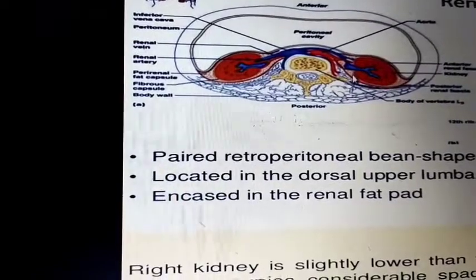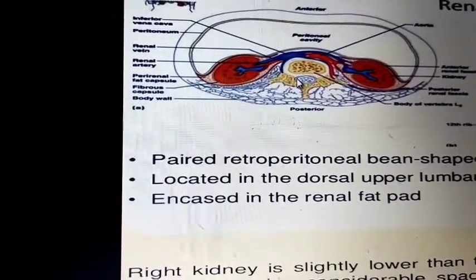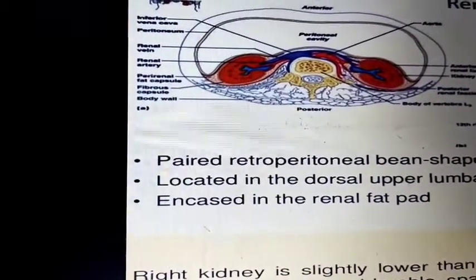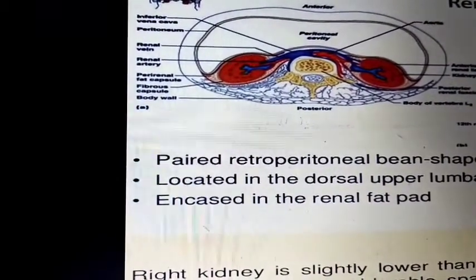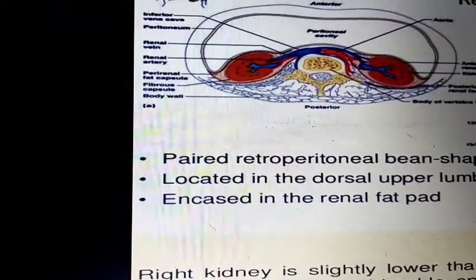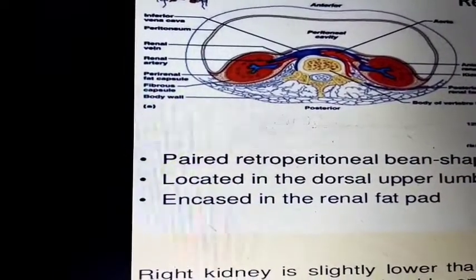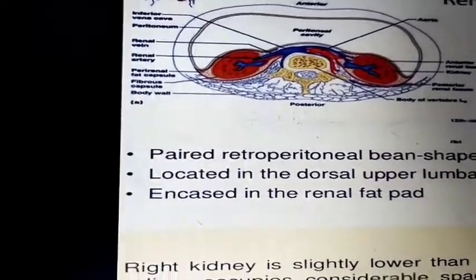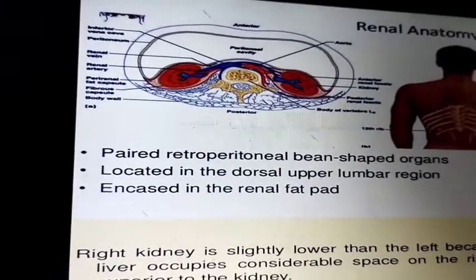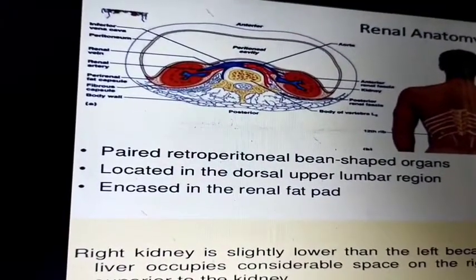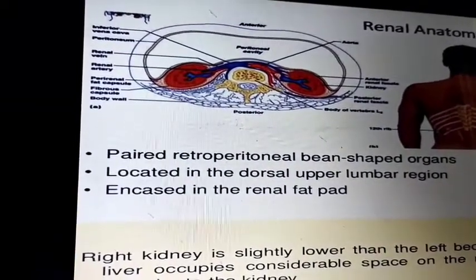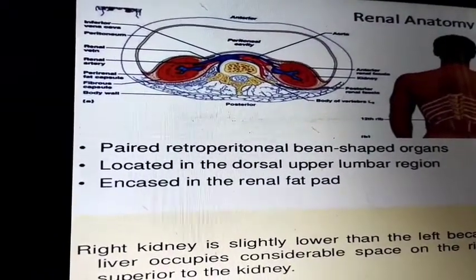It is bean shaped, present from T12 to the L3 vertebra, and protected behind by the 12th and 10th ribs. These are paired retroperitoneal bean shaped organs located in the dorsal upper lumbar region, just above the waist.